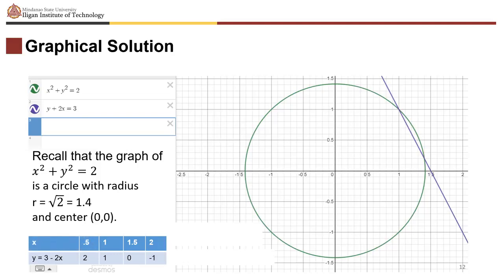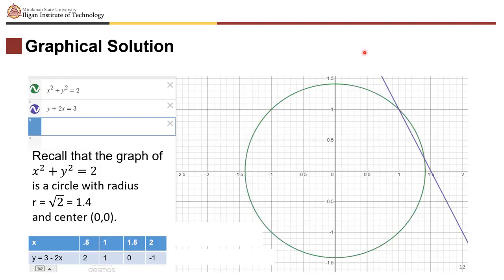As for the graph of the linear function y plus 2x equals 3, we can rewrite this as y equals 3 minus 2x. If we substitute x equal to 0.5, we get y equal to 2. We're going to extend this line.